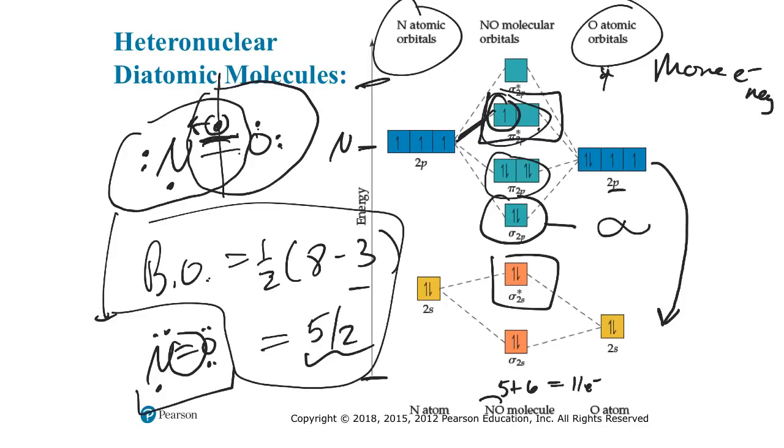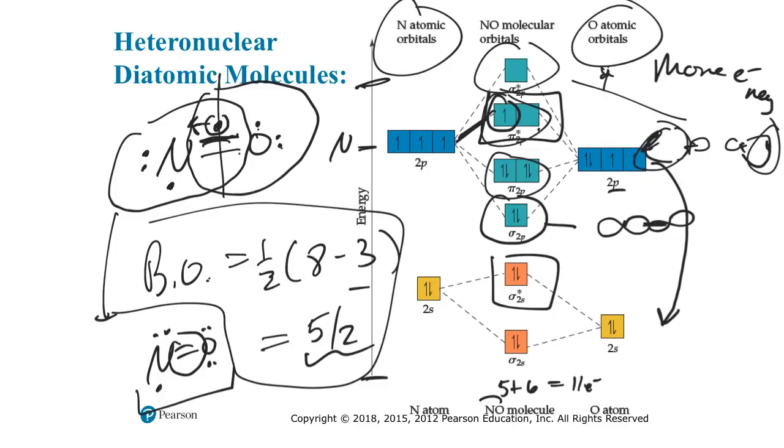For example, this orbital here would look like this combination here, and then this orbital up here that doesn't have any electrons would look like this orbital here. So it'll look like larger orbitals pointing away from the nuclei, like p orbitals that are just bigger on the outer ends of the molecule.